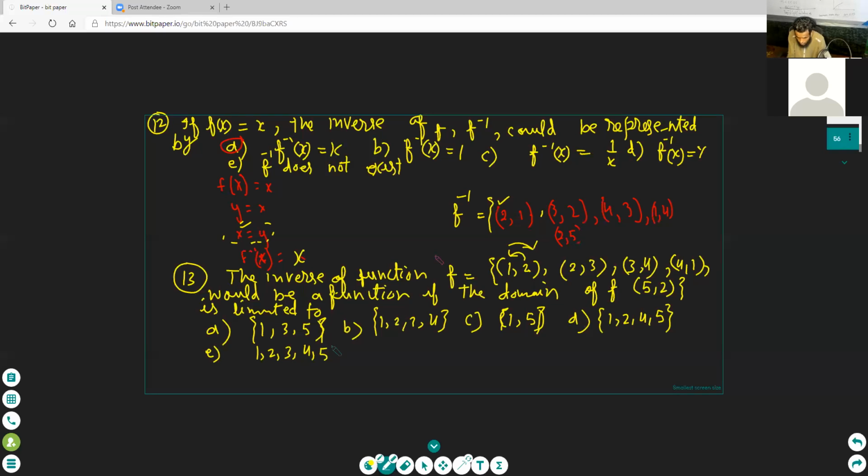It is not a function because 2 has two outputs, 1 and 5, and this cannot happen.